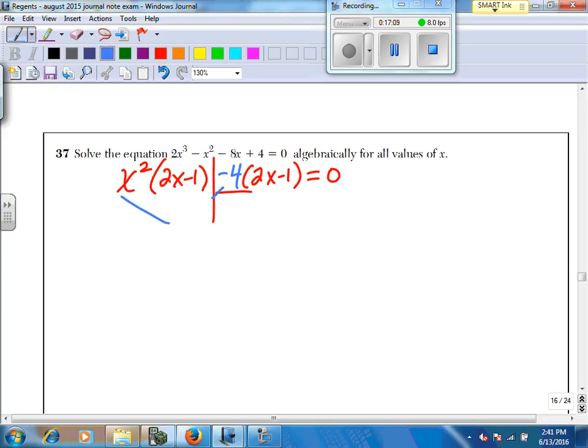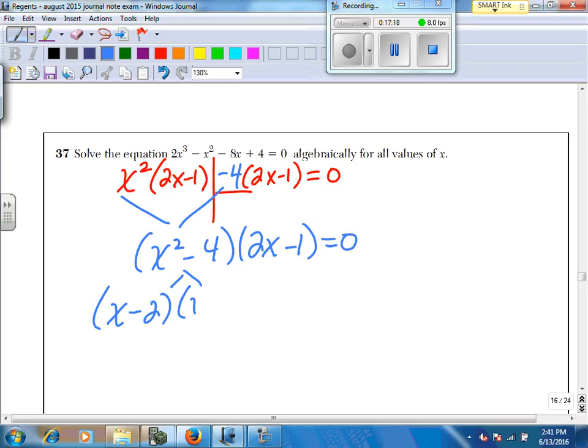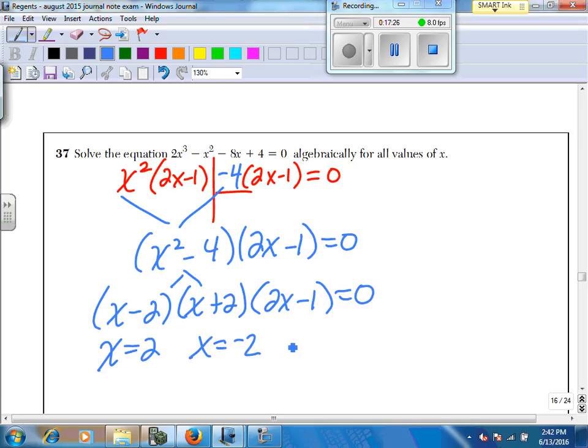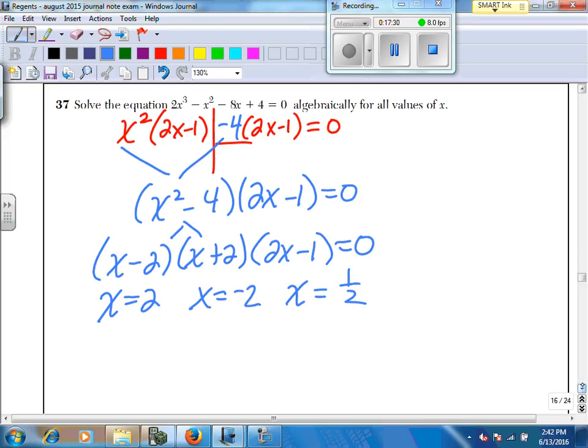So we get x squared minus 4 and 2x minus 1. But this can be factored further. It's the difference of perfect squares. And then when you set each one equal to 0, you get positive 2, negative 2, and positive 1/2. It's a pretty easy 4-point question if you know that you have to use factor by grouping.